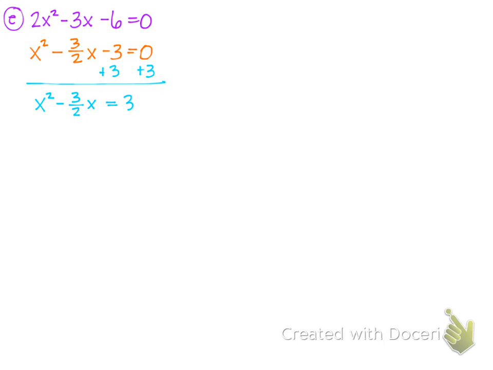Okay? Now, we've got to think of our new c. Now, here's where you're probably going, I'm going to cry. That's okay. We'll get through this. So we're going to take our b, negative 3/2. Then we have to divide that by 2 and then square it.